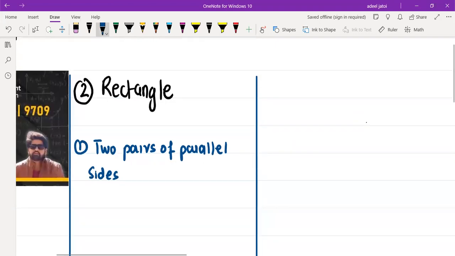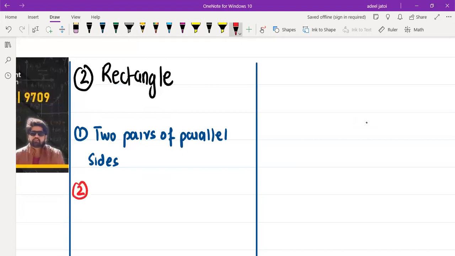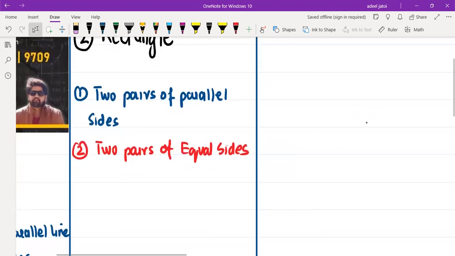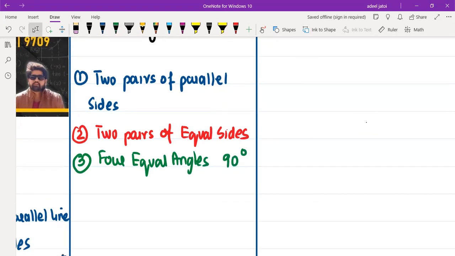Number two, two pairs of equal sides. Number three, four equal angles, 90°.